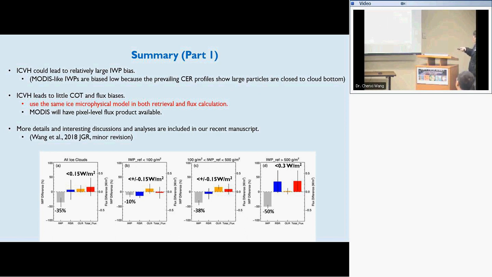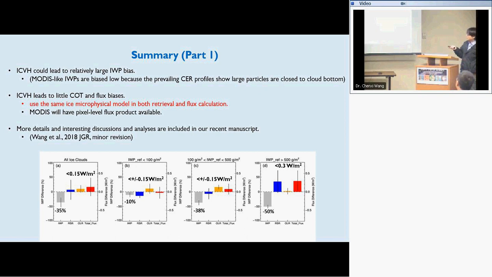So for the global average, MODIS underestimates global ice water path by minus 35% for global ice cloud over ocean. But for thin clouds, the underestimation is not that strong, about 10%. When the cloud gets thicker and thicker, for very thick clouds, the underestimation is minus 50%.